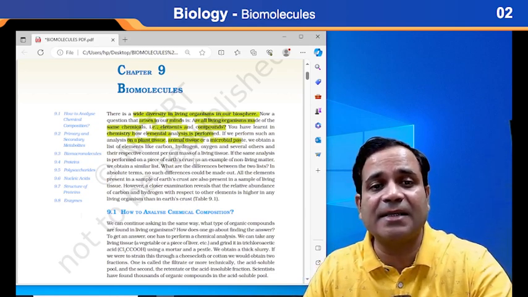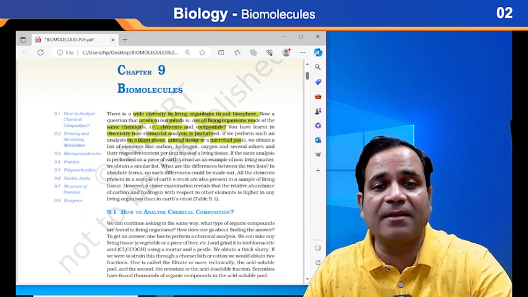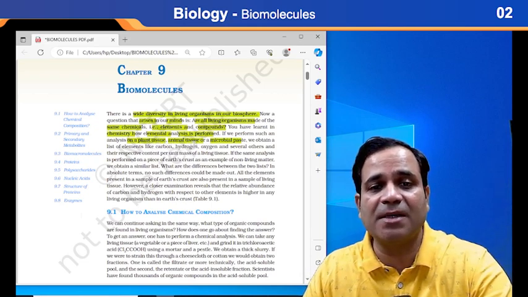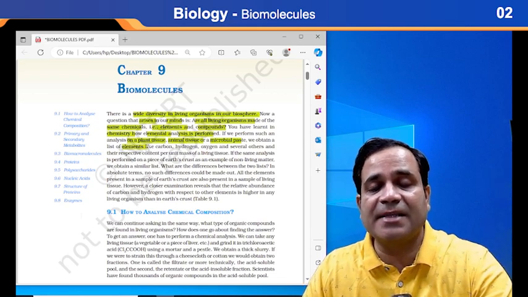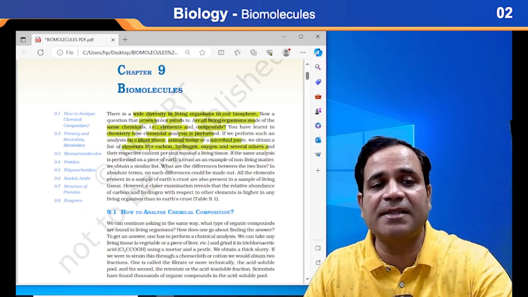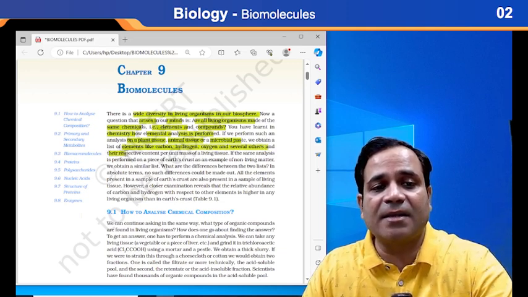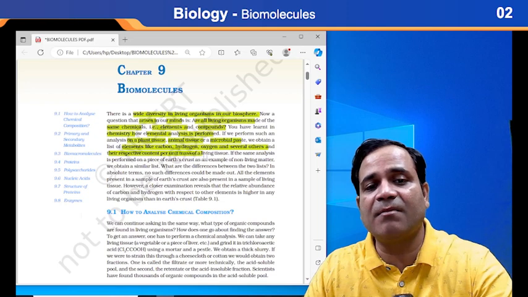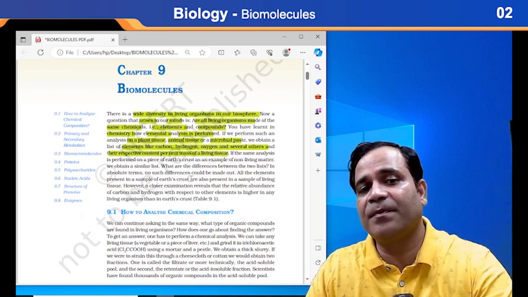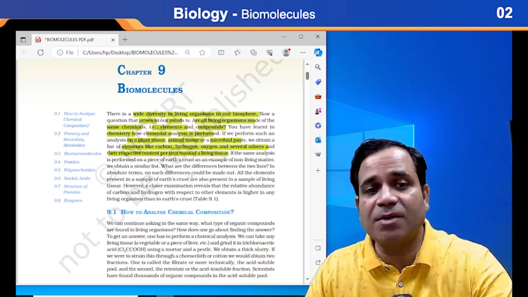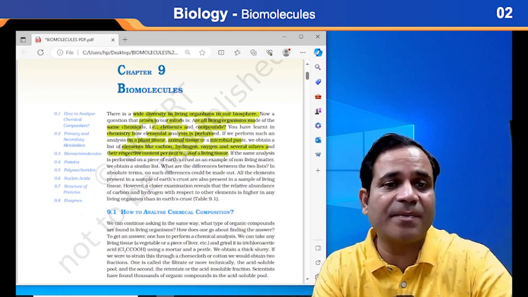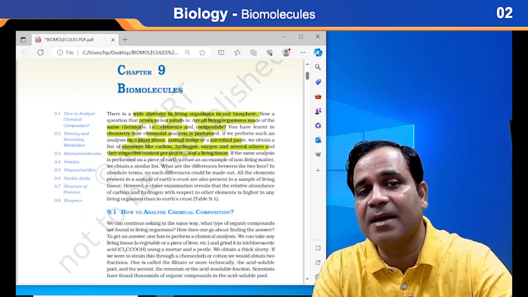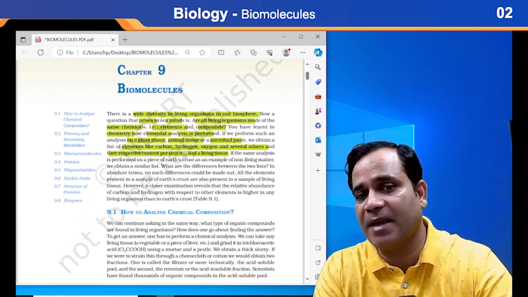We obtain a list of elements like carbon, hydrogen, oxygen, and several others, and their respective content per unit mass of living tissue, my dear. So it is very important to know that whatever organisms are around us, they are not made up of the same chemicals, my dear. They are made up of different chemicals.